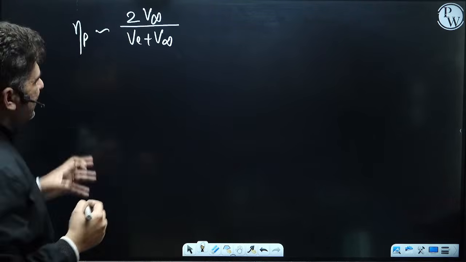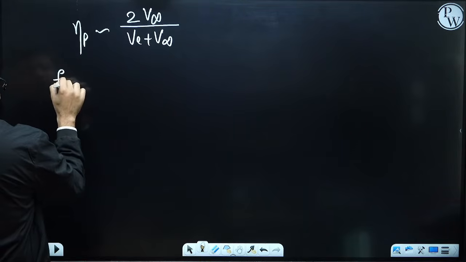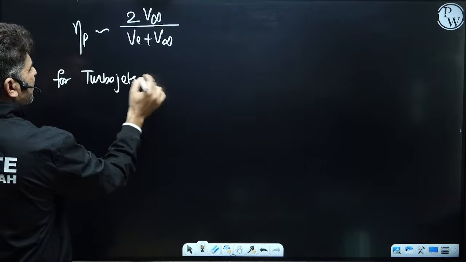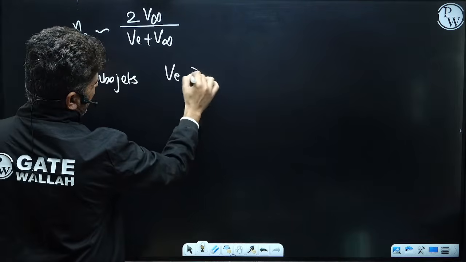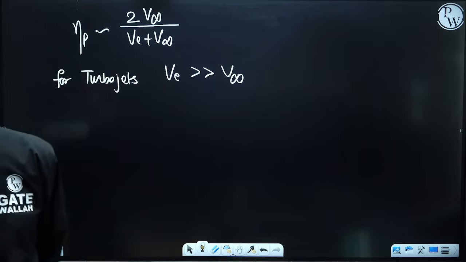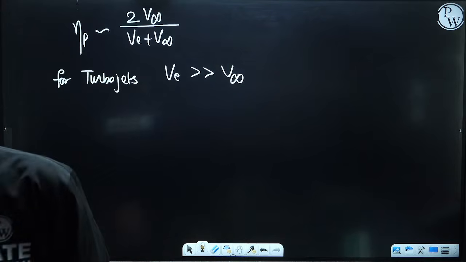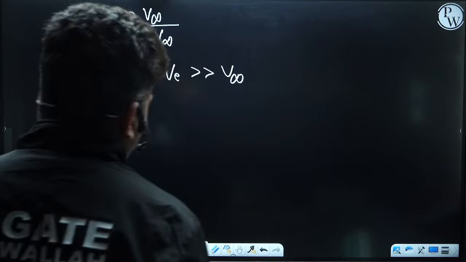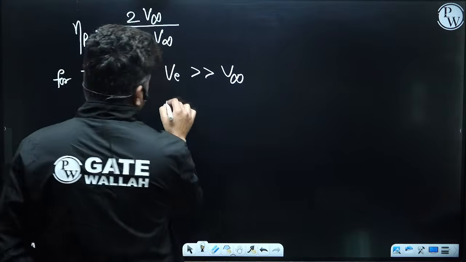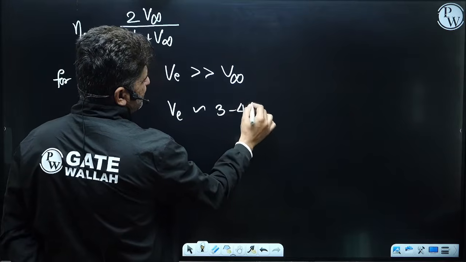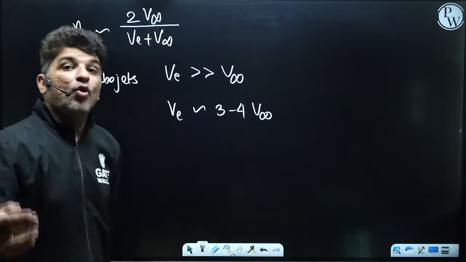But now in case of a turbojet engine, V exit is much higher than V infinity. V exit could be around 3 to 4 times V infinity, even more than that.